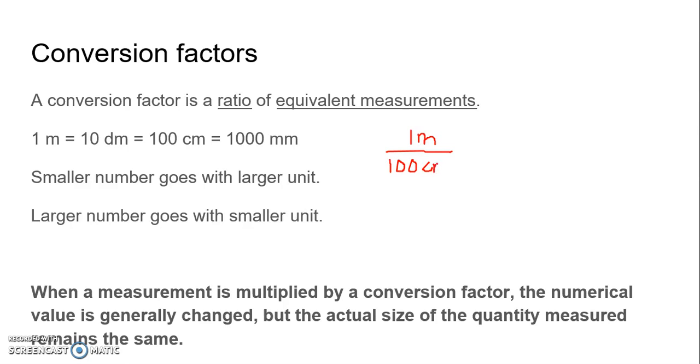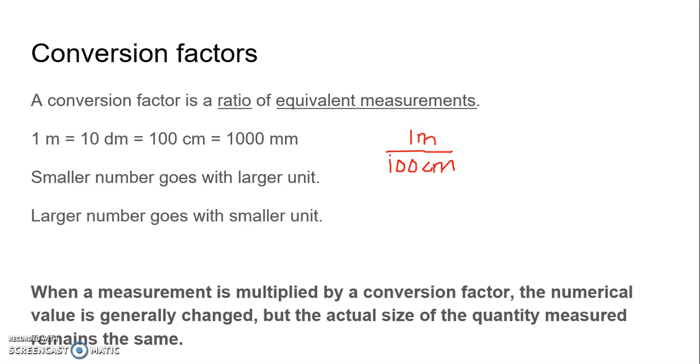Meter is a larger unit than centimeter. So here the observation says that 1 is a smaller number than 100. The smaller number goes with the larger unit, since meter is a larger unit than centimeter, and the larger number goes with the smaller unit. So this is a nice observation for you to check in your calculation whether you have things correct or not.